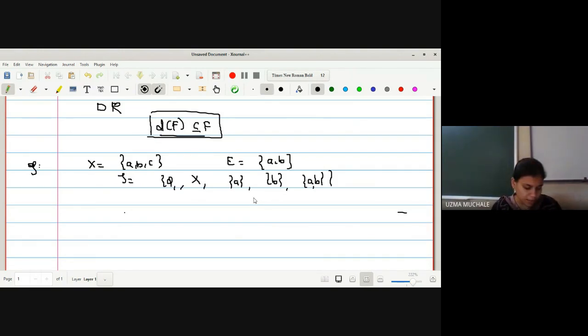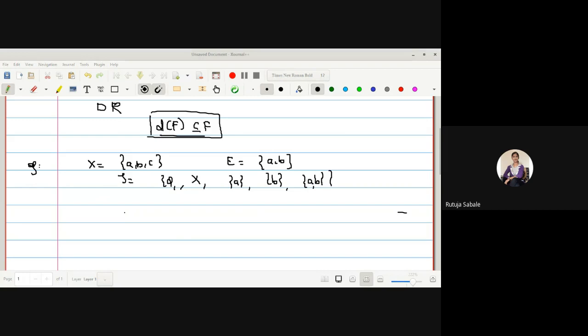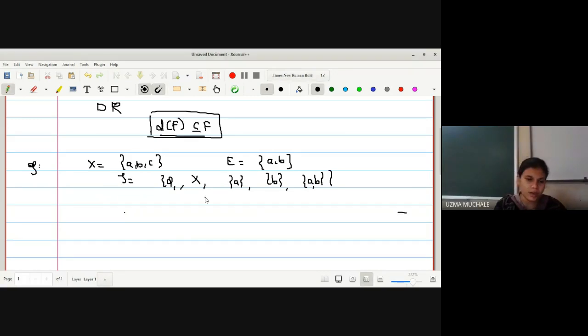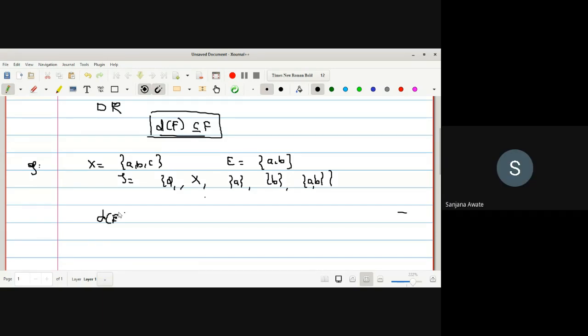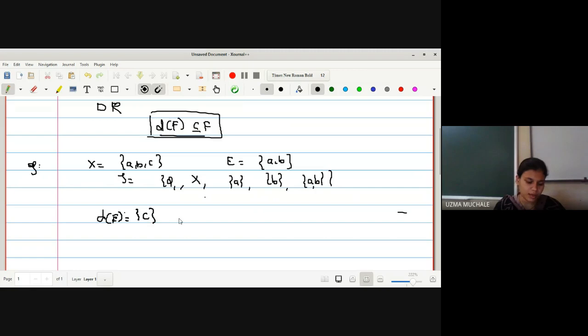Okay, let's solve this example. What is the derived set we have found? Singleton c. So let us check whether singleton c is a subset of {a, b}. It is not a subset of {a, b}.